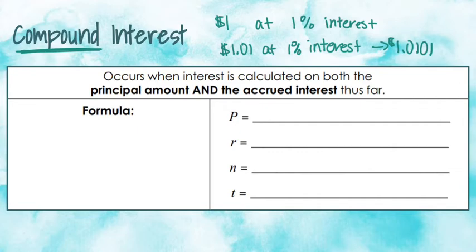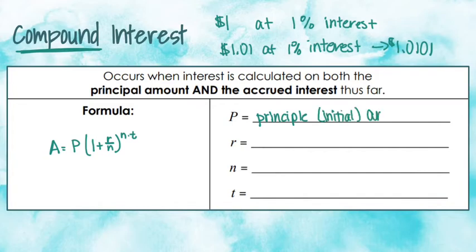Anyway, the formula for compound interest is capital A equals capital P times 1 plus R over N, to the N times T. So the P value is the principal, or initial amount.